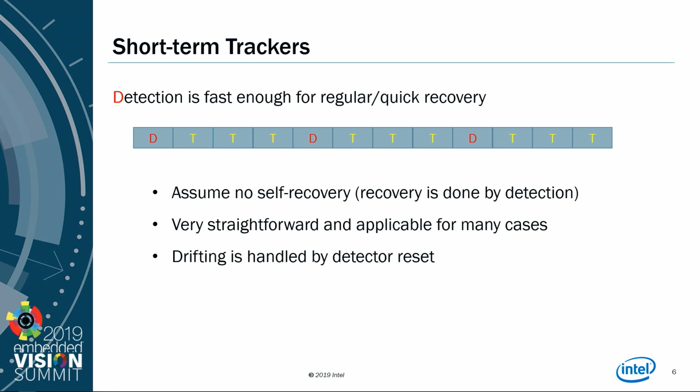So this figure illustrates some typical example of the short-term trackers. We can use just the detection in some fixed interval, and in between those frames, we can use any kind of simple trackers just to fill the gap. This seems naive and too simple, but it's very straightforward and applicable for many use cases, especially for face recognition.